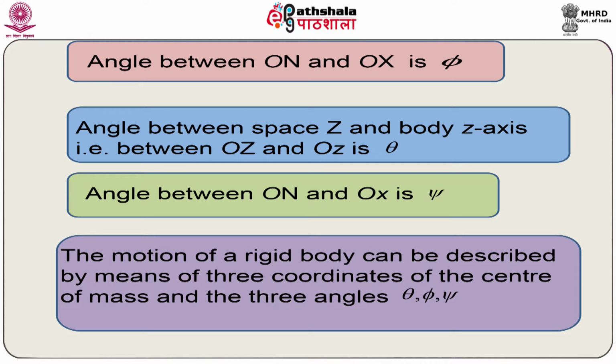The xy plane intersects capital XY plane along the line of nodes. Then ON is perpendicular to both small z axis and space capital Z axis. Angle between ON and capital OX is phi. Angle between space capital Z and body small z axis, that is between capital OZ and small oz, is theta, and angle between ON and small ox is psi.